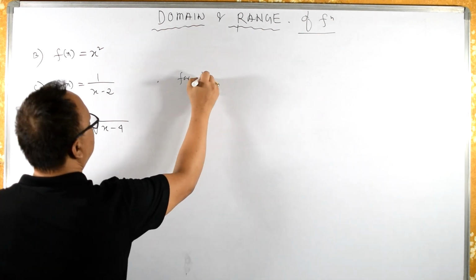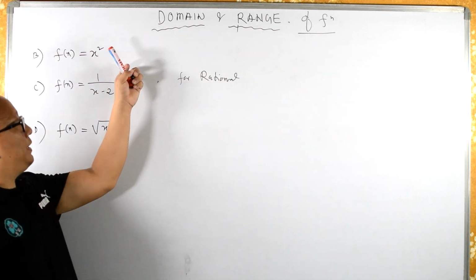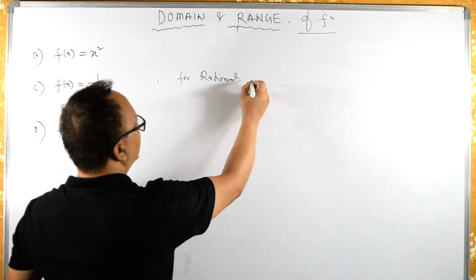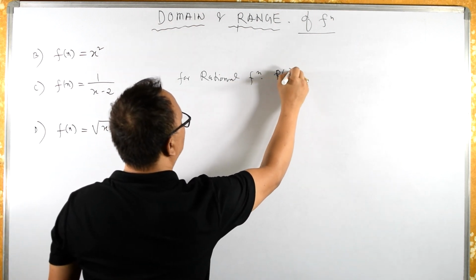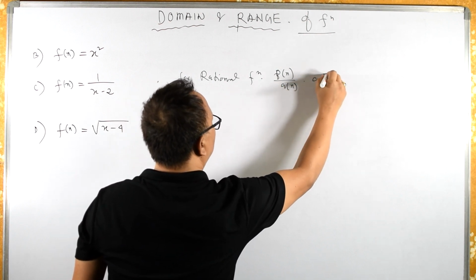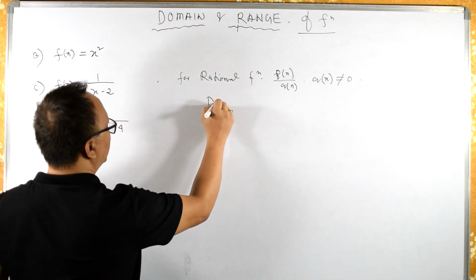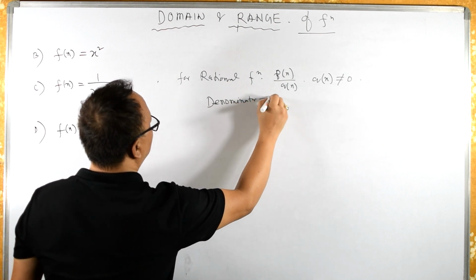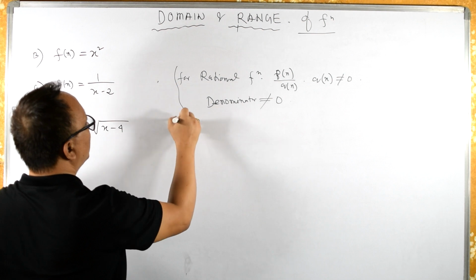For rational functions, of the form p by q, q is not equal to 0. For a rational function, say p of x upon q of x, q of x should not be equal to 0, meaning this denominator should not be equal to 0, for the domain.